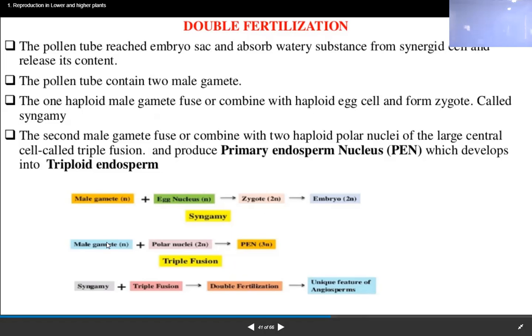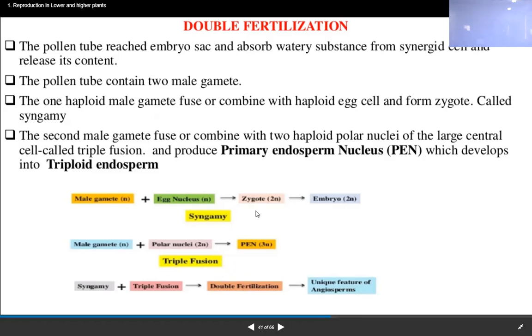That's the reason. Yes or no, tell me. And secondly, this primary endosperm nucleus is going to provide nourishment to the developing zygote, which converts into an embryo. Understood? So this is how it works basically. Okay. Understood, Sejal?